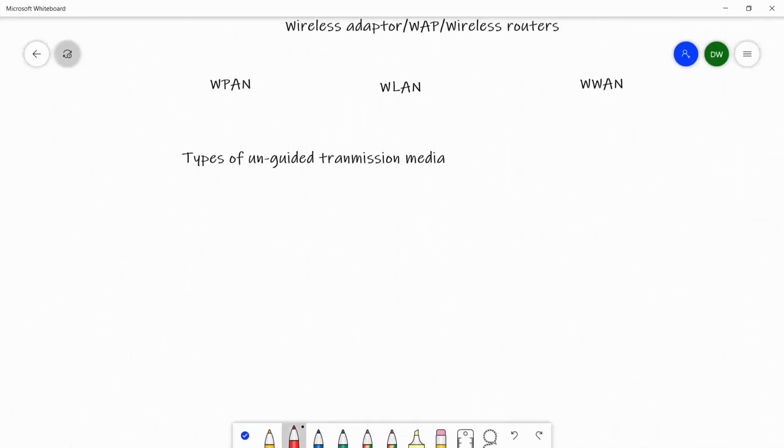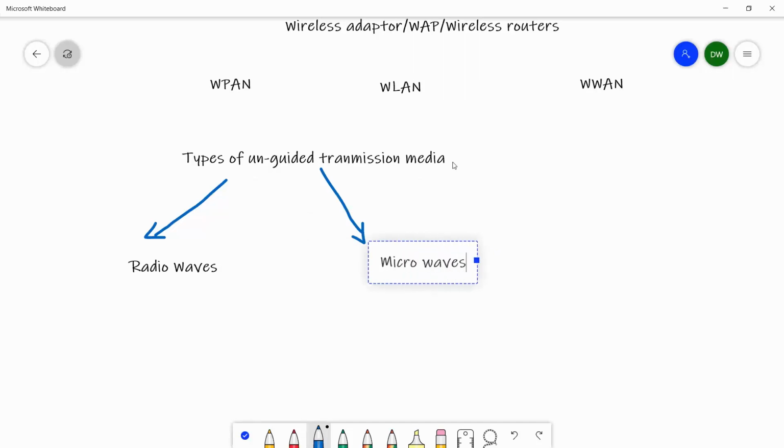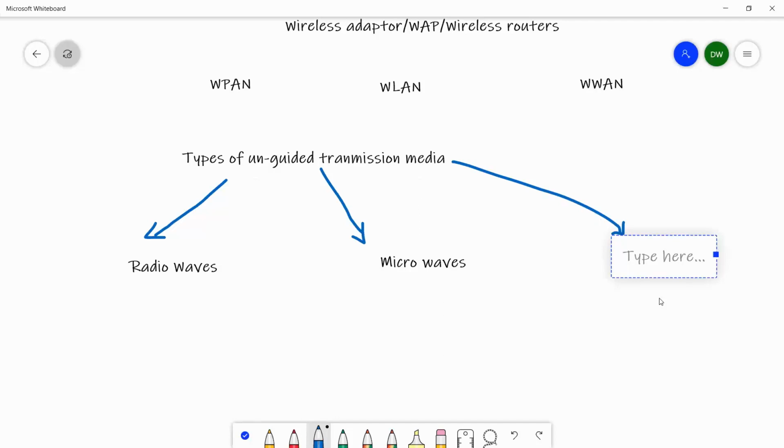For example, we can give radio waves, I write it like this, radio waves, and we can have microwaves, and also we can have infrared signals.